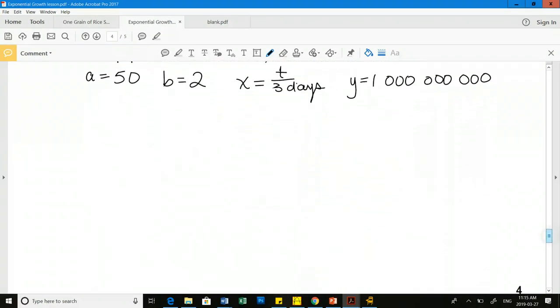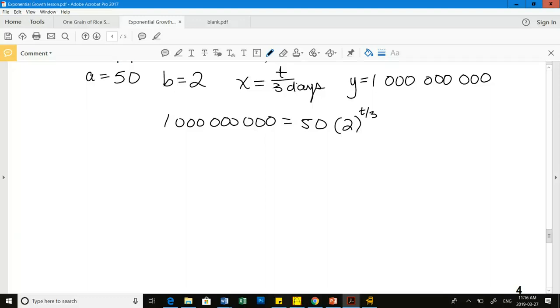Okay, so let's start subbing into our formula here. So I have y, 1 billion with 9 zeros, equals a times b to the exponent x, which is t over 3. Okay, so when you plug into a formula like this and you see an unknown in the exponent, you should automatically be thinking, I'm going to use my log button on my calculator eventually here.